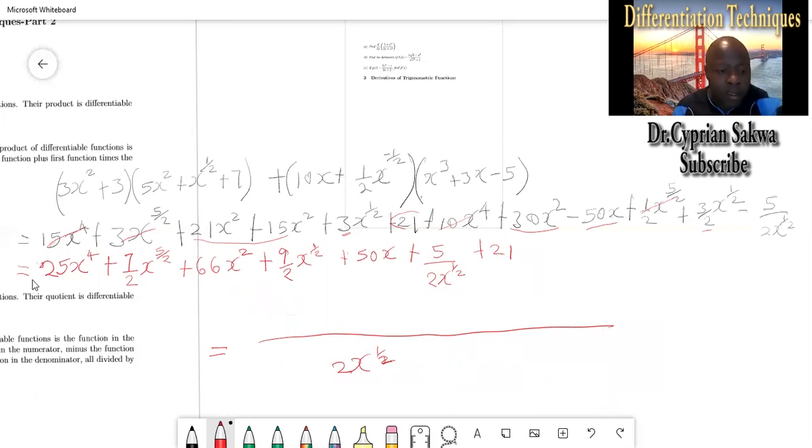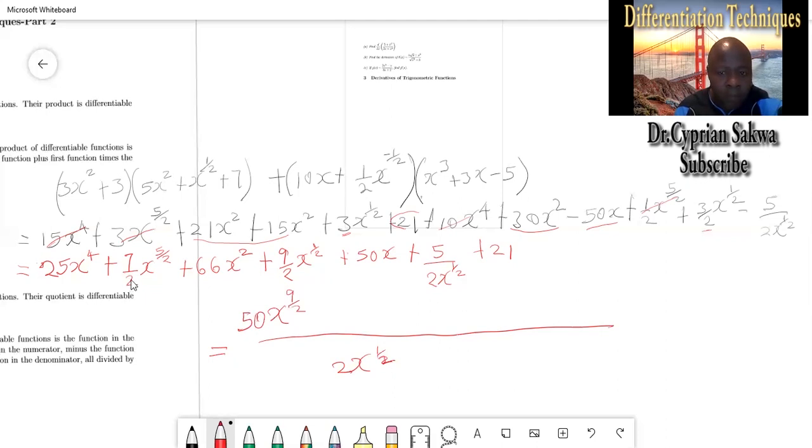And you see that this is 1. So it will go into this one, 2x raised to a half. So 2x raised to a half times this would get 50x raised to 9 over 2.